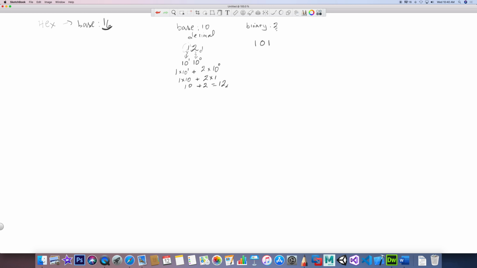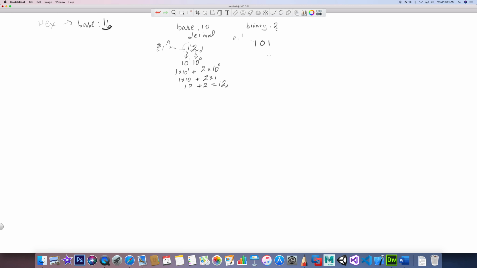In decimal, any of these digits can go from 0 to 9. Okay, so since decimal is base 10, you're going to count 10 times starting at 0 to 9. Here, any of these digits can go either 0 or 1. Again, so the count is 2 in terms of possible values. That is why it's base 2.